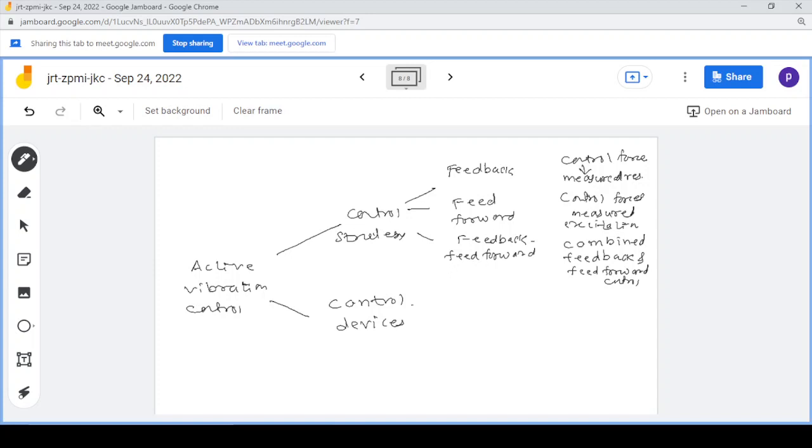In the control devices, the first is fully active, which involves actuators that apply dynamic control forces.